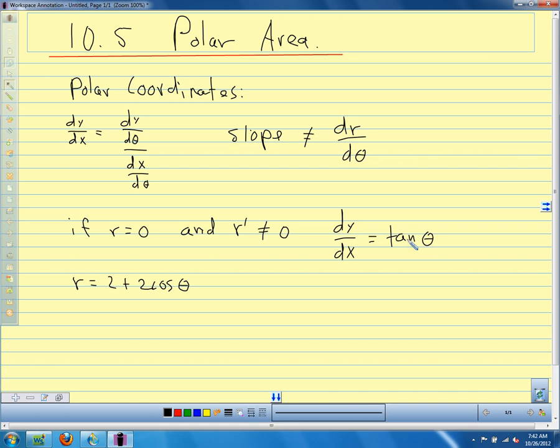If we would have finished this example, we would have seen that θ equals π comes out in each of those for dy/dθ equals 0 and dx/dθ equals 0. So we needed to make sure that we understood what was going on there.